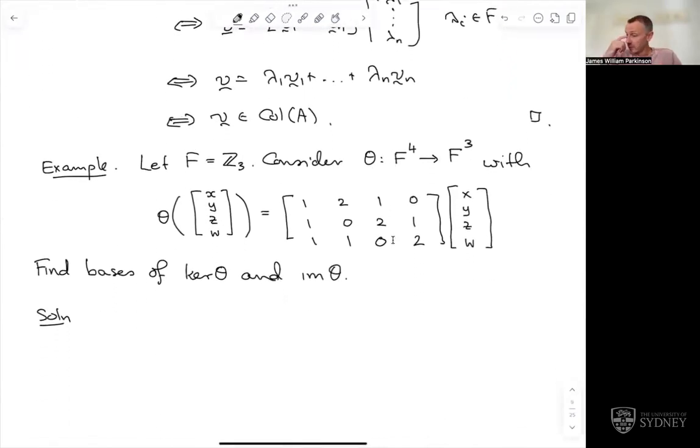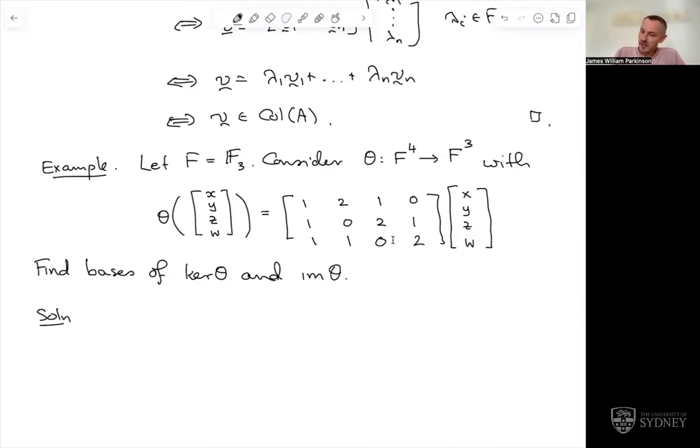Let's do another example. So now let's specify a field. We'll go to the field with 3 elements, which is Z3, and consider theta from the 4-dimensional space over that field to a 3-dimensional space over that field, given by this here, and we want to compute the image and the kernel.